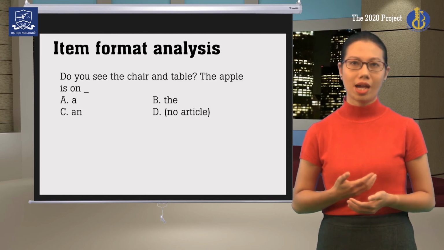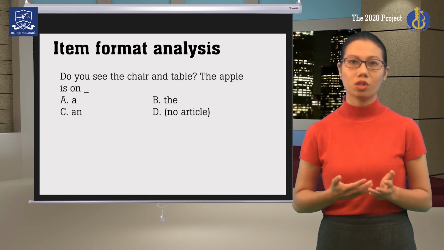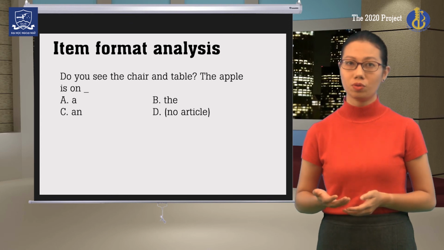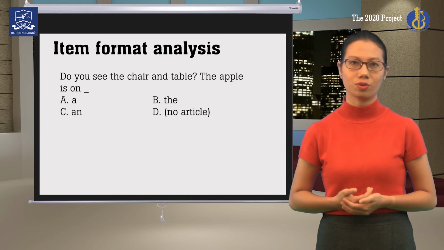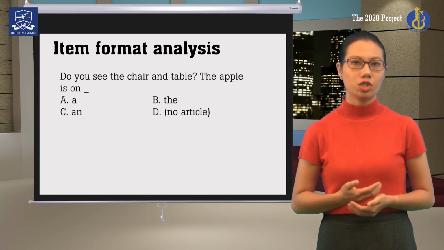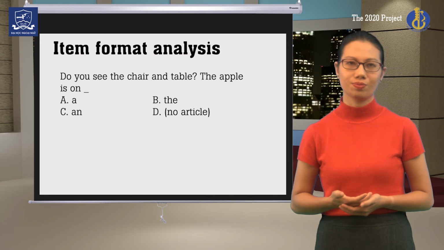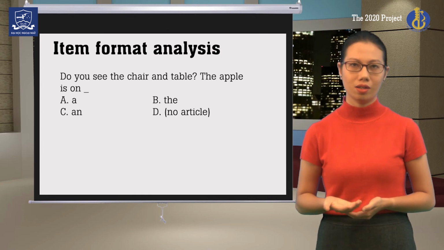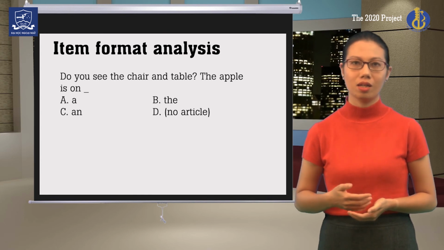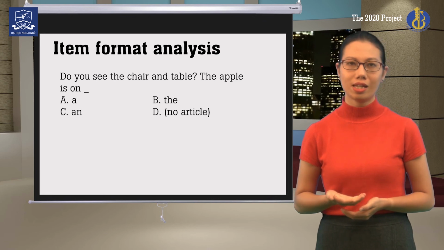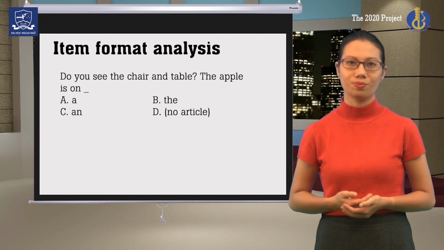Item format analysis could lead us to correct these problems and produce a better item as follows. Do you see the chair and table? The apple is on table. A. B. The. C. An. And D. No article.